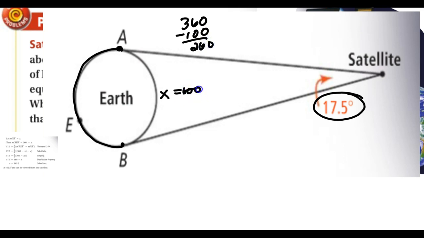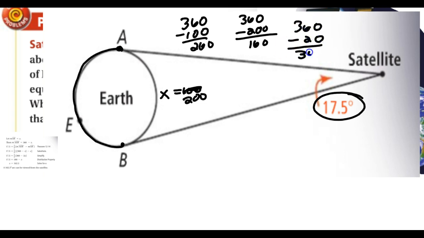What if I told you x was 200? You'd say, well, Mr. Burnett, that bigger arc then is 360 minus 200, that is 160. What if I told you this x value was 20? You'd say, well, Mr. Burnett, it's 360 minus 20, that's 340 degrees.